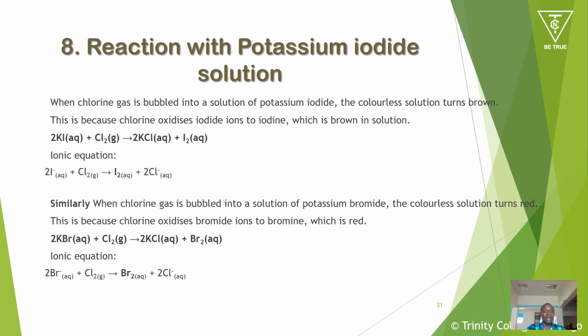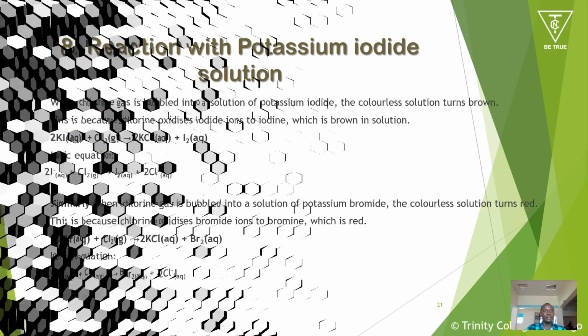Chlorine has oxidized iodide ions, but we can also literally say it has displaced iodine from its solution. A similar reaction occurs with bromide ions in potassium bromide. The bromide ions become oxidized to bromine, and bromine is red in color, and therefore the solution turns red due to formation of bromine, or due to displacement of bromine from the solution of potassium bromide.